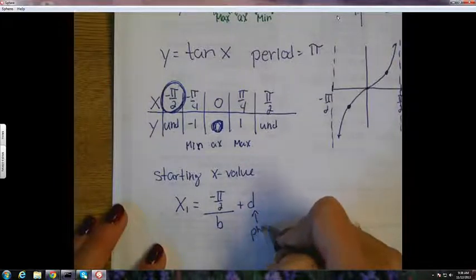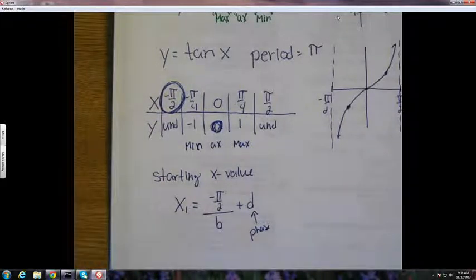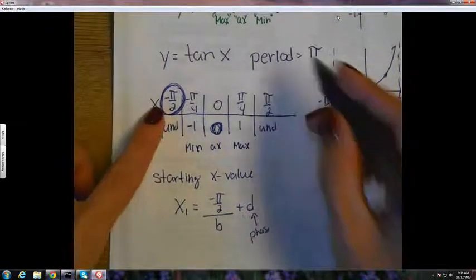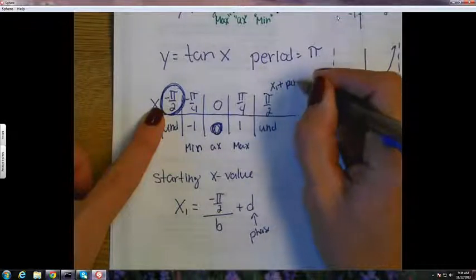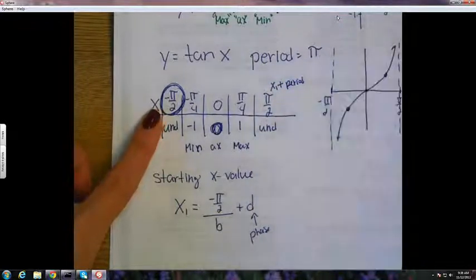You've got to calculate the starting x value. So all other 5 graphs start at phase. Tangent is the only one that doesn't start at the phase. If you can remember that, it's got a little formula you're going to have to write on your note card. And then the ending value, you just take your x1, whatever you calculate, and add on a period. And then average to get the middle.